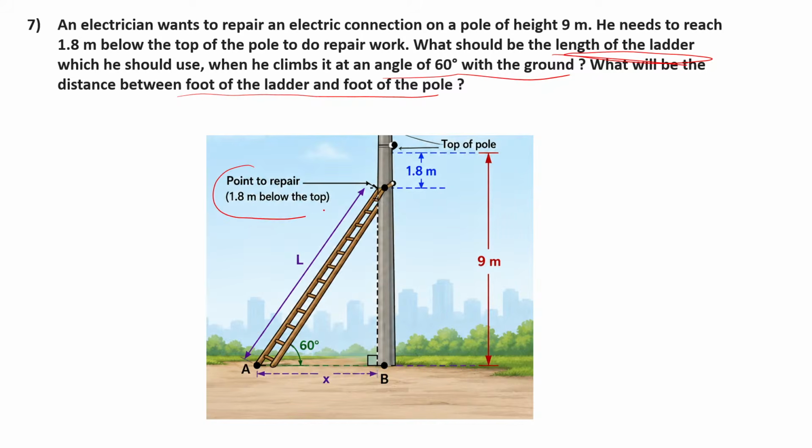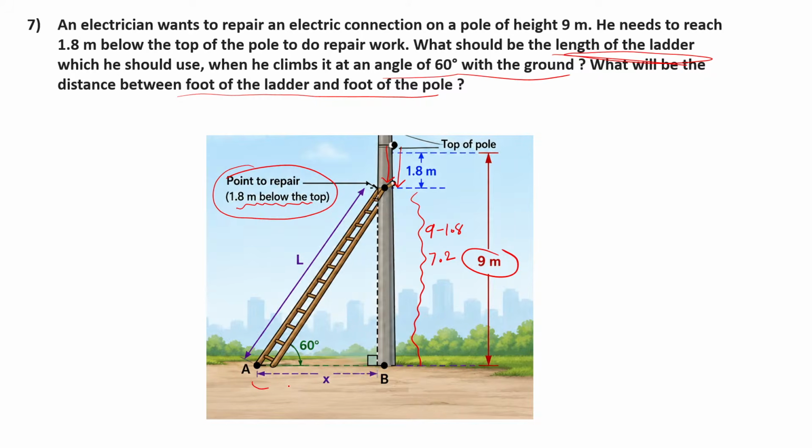The point to repair is nothing but 1.8 meters below the top. From here it is 1.8 meters. Now the total height is 9 meters. From the top up to here it is 1.8 meters. Now the balance height of this pole is nothing but 9 minus 1.8. It is nothing but 7.2 only.